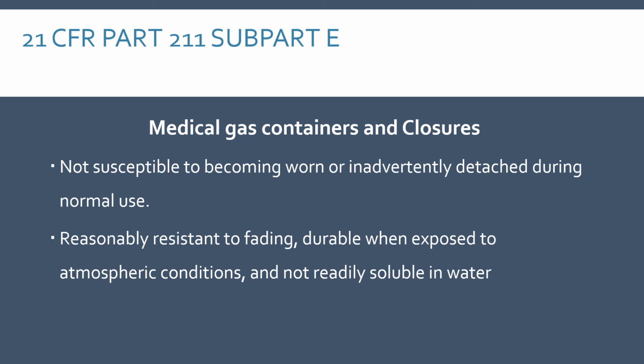So if it is exposed to the elements, water shouldn't wash it off. It shouldn't fade easily, because like I said just a second ago, you can't open the container and see what's in it. Last thing you want to do is have a label that comes off or fades, and then you have a tank of gas that you can't identify what it is. So pretty strict rules on the labels for containers.